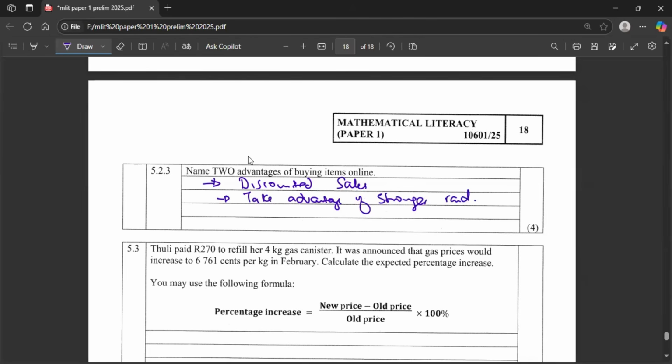In other words, if you have a stronger rand, you're going to buy expensive items in dollars very cheaply. And then the next one is the quality. You're looking at good quality or the best quality, because nobody would advertise cheap, inferior items online.